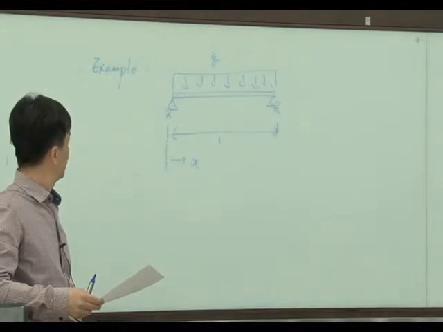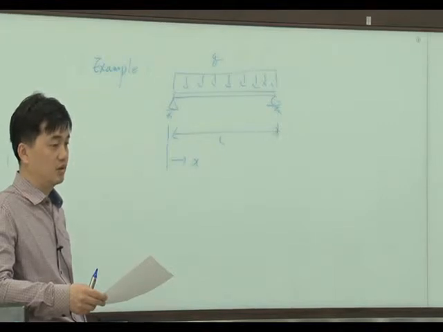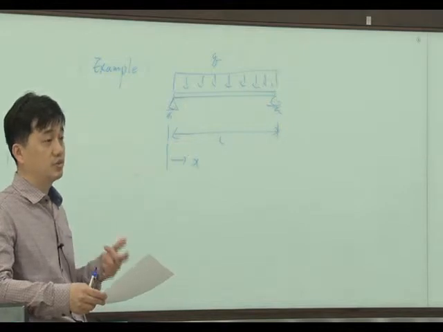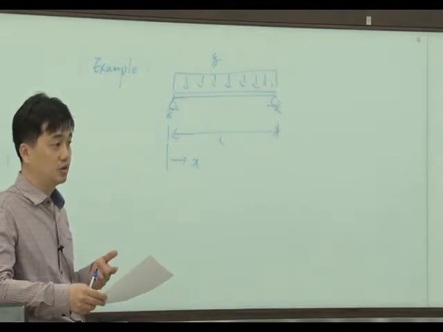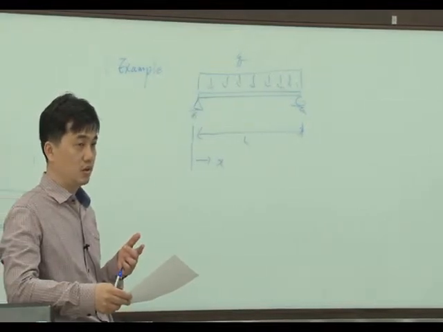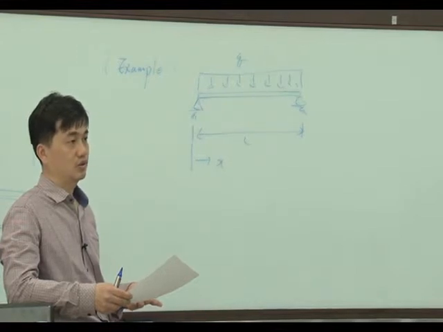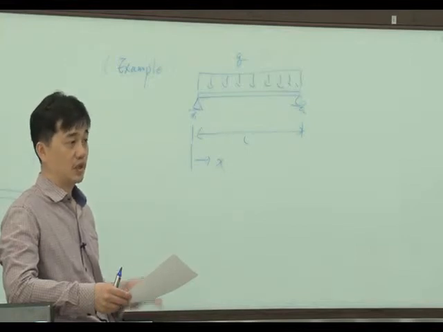But today I'd like to show you some power of the principle of virtual work. The principle of virtual work can be used to approximate the exact solution. This is the integral form of the equation, and it can be used for approximation too.